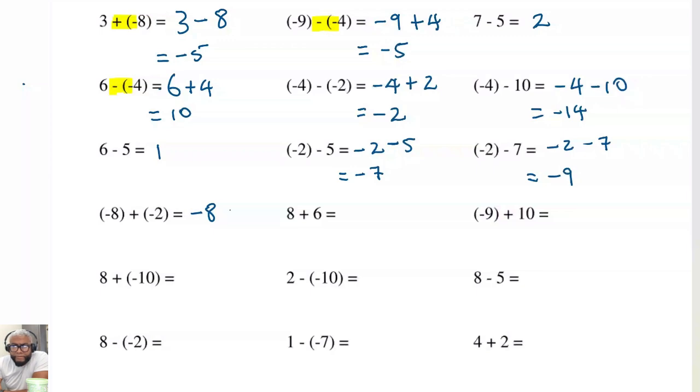Plus -2. Listen. Before you go to the smaller number and those things, right? You see how you have a plus and a minus like that? You need to make that one sign, right?